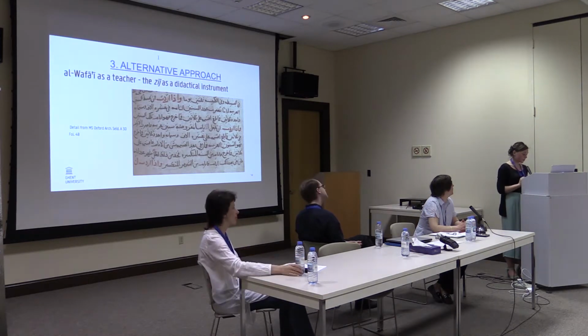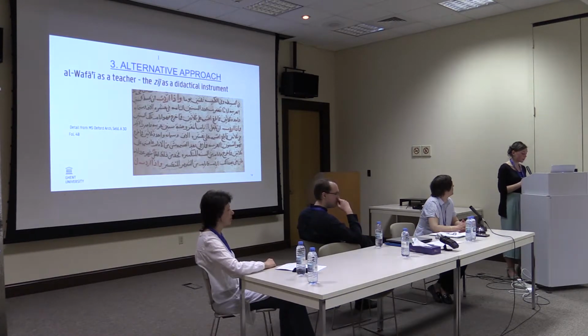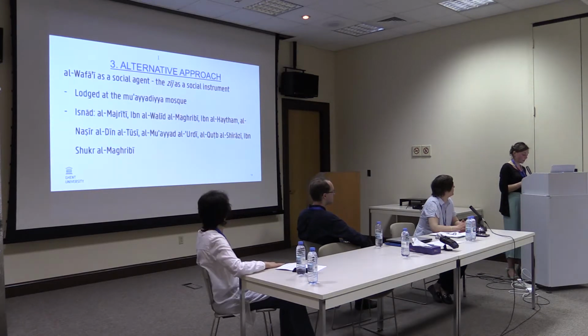And another thing which appears to me as fitting in this context is the extensive line of scholars that are being quoted at the beginning of the work as predecessors in the field. In the introduction, several well-known scholars are mentioned, among them Al-Majriti, Ibn al-Walid al-Maghribi, Ibn al-Haytham, Nasiruddin al-Tusi, etc. We do not find any reference to any of the works of those scholars.